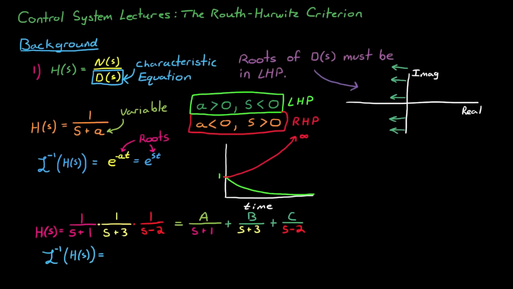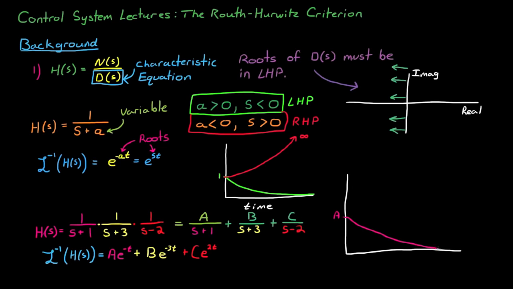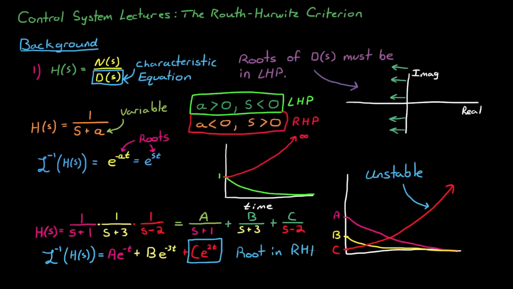And when we take the inverse Laplace of each of these, we see that the response is the summation of a bunch of different exponentials. And no matter how stable most of them are, all it takes is one to blow up to infinity to make the whole transfer function unstable. And this is why even if a single root is in the right half plane, your entire system is unstable.